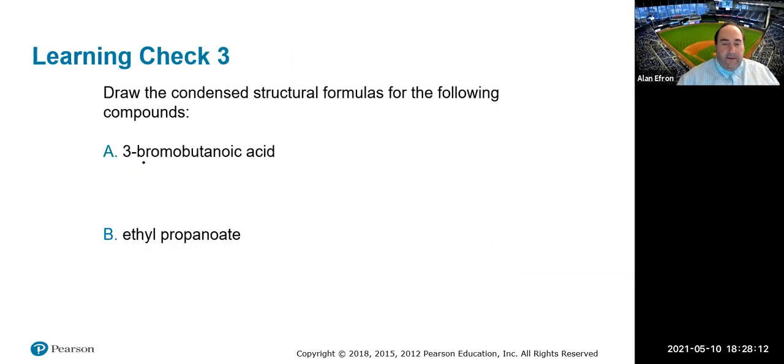So let's make sure we know how to draw some of these. Why don't you draw that one there, 3-bromobutanoic acid, ethyl butanoate. Why don't you also draw a couple more up here for you.